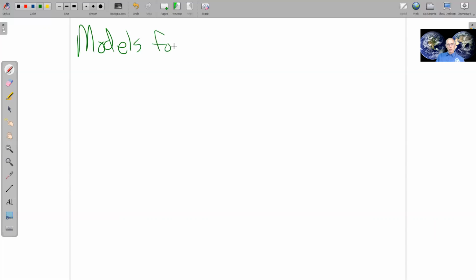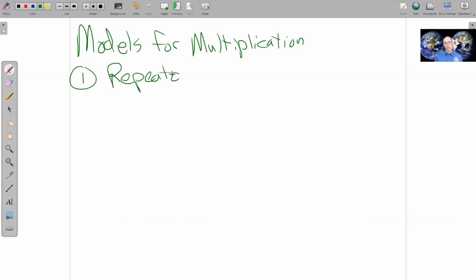Models for multiplication. So model number 1 is typically repeated addition. If you look in a dictionary saying, hey, what does multiplication mean? The standard definition is repeated addition. And sometimes the definition gets a little algebraic, which is kind of sad, but true.